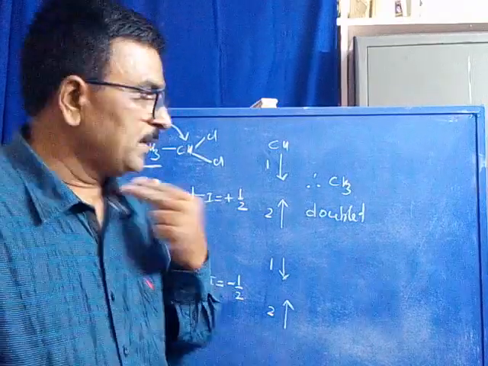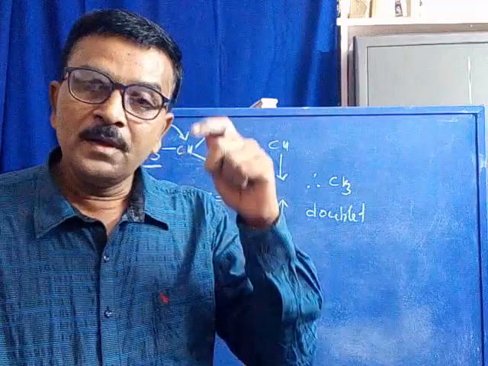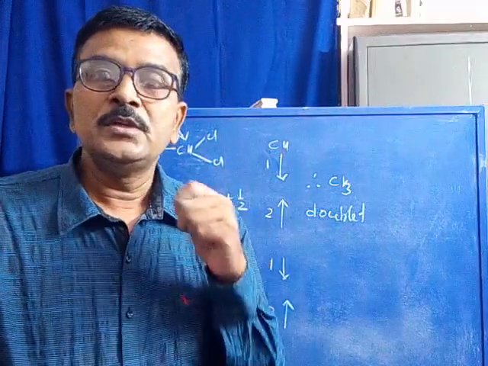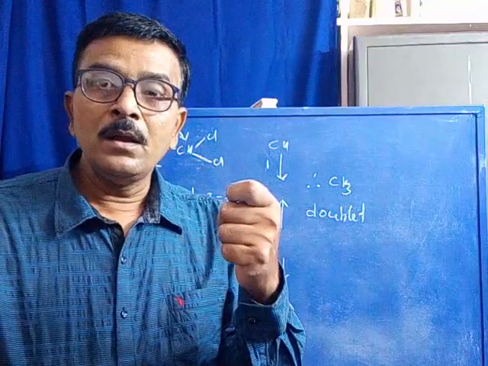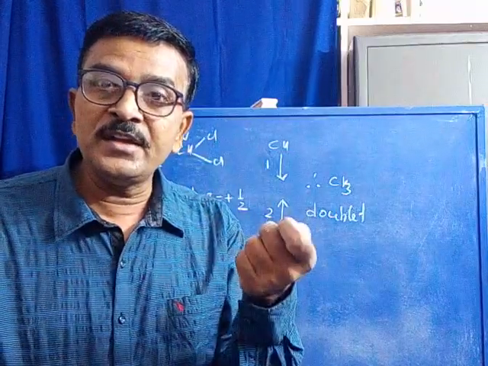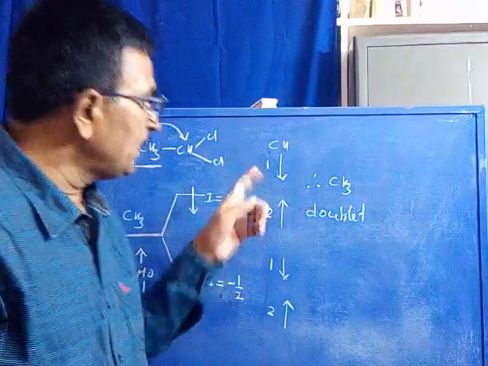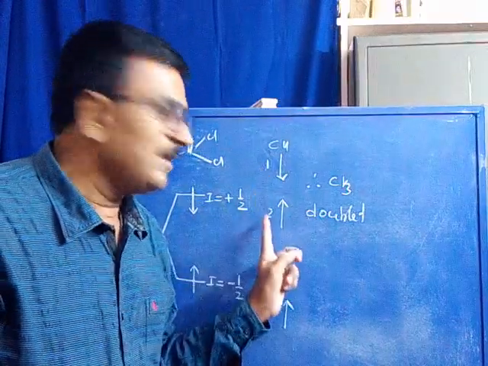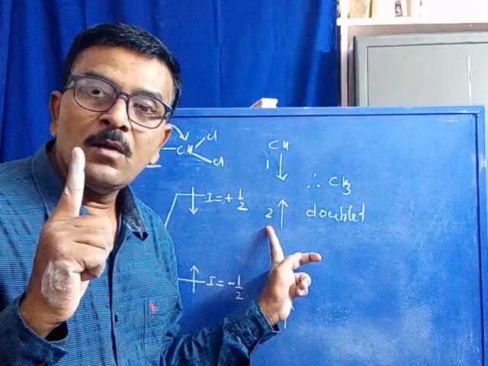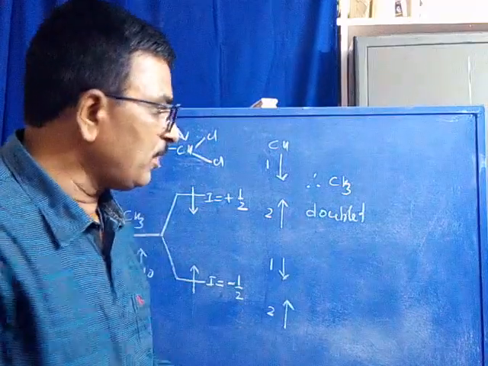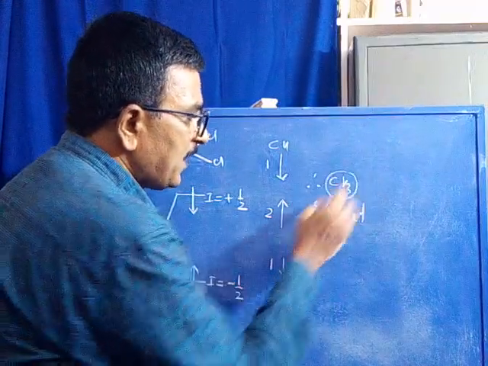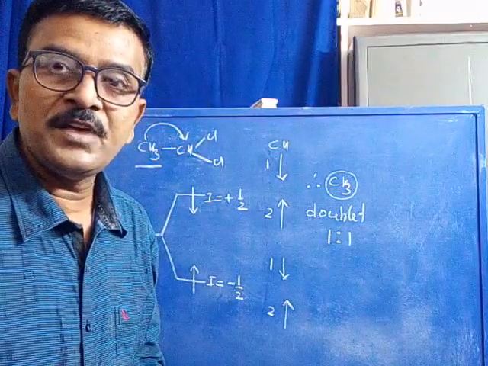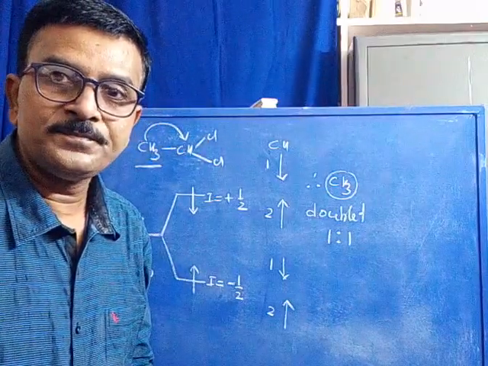Is it clear? Now, again, the intensity of each line is related to the number of possible combinations in each orientation of the adjacent proton. In the first orientation, only one possibility; in the second orientation, again one possibility. Therefore, the CH3 appears as a doublet with 1:1 intensity. Is it clear?